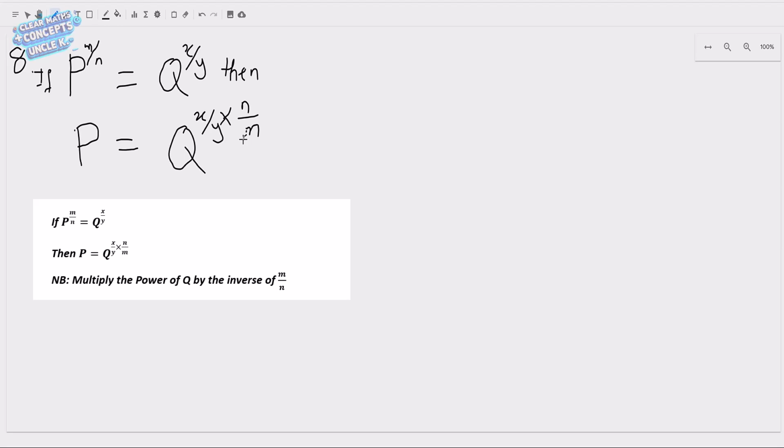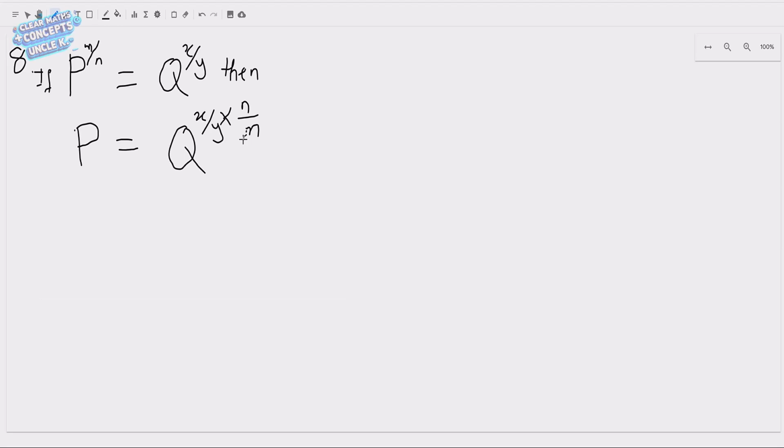Now this is what we do. Let me explain that. You have p raised to the power m over n, right? So what can you multiply with m over n that will give you 1? It's just the inverse. n cancels n, m cancels m. This gives you p raised to 1.